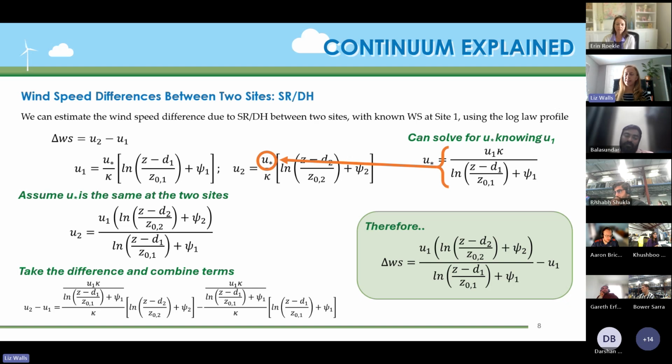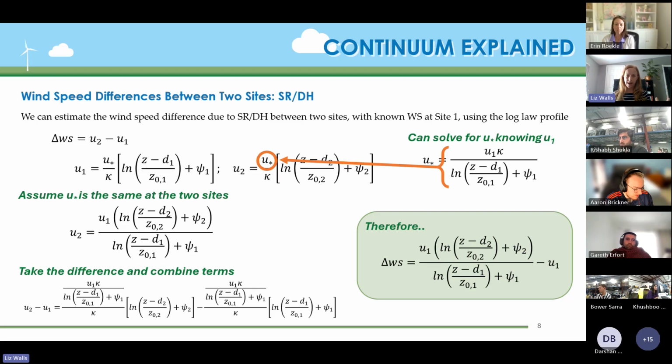Taking it a step further, because again, we're interested in the delta wind speed. It's all about the change in the wind speed between site 1 and site 2. So what we're doing here is taking the equation for the wind speed at site 2, substituting in the equation for the friction velocity, minus the shear profile at site 1, again substituting in the definition of friction velocity, to have all the terms in this equation be things that we know, things that we can estimate and solve for.